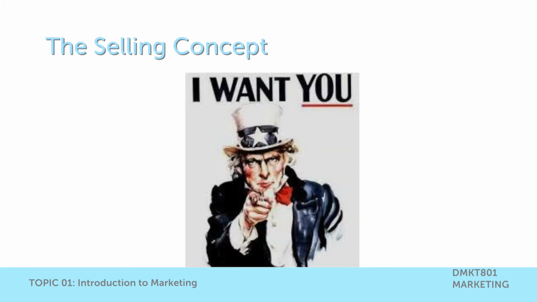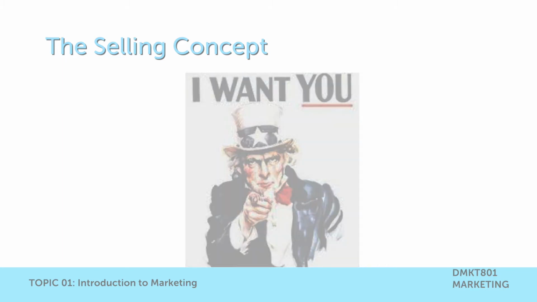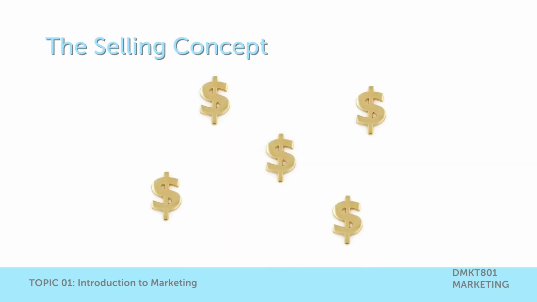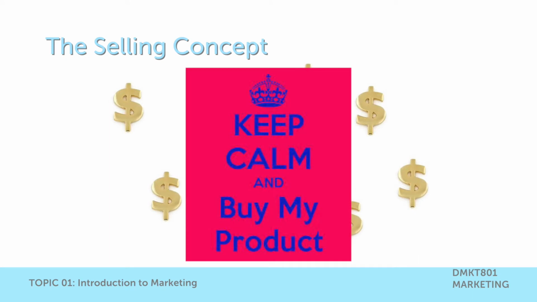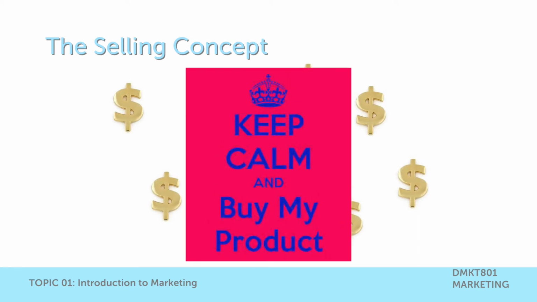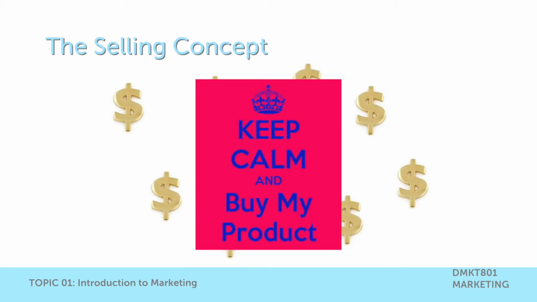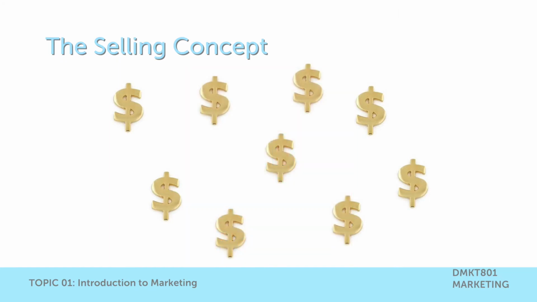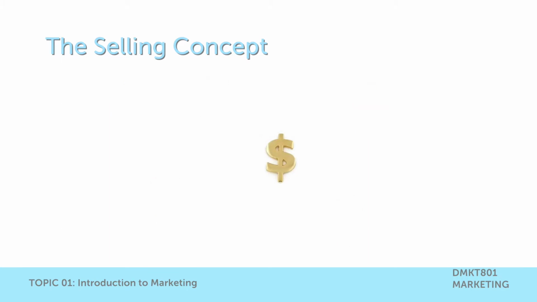Such aggressive selling, however, carries high risks. It focuses on creating sales transactions rather than on building long-term, profitable customer relationships. The aim often is to sell what the company makes rather than making what the market wants. It assumes that customers who are coaxed into buying the product will like it, or if they don't like it, they will possibly forget their disappointment and buy it again later. These are usually poor assumptions.